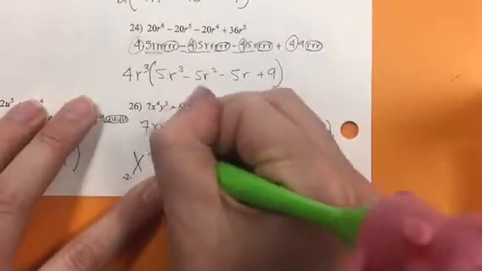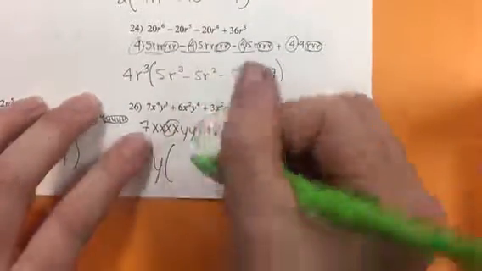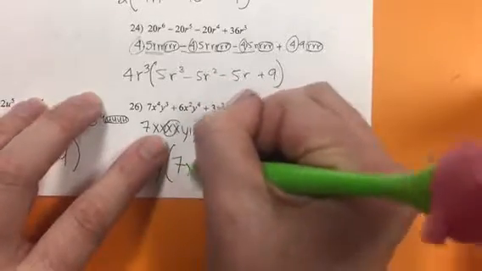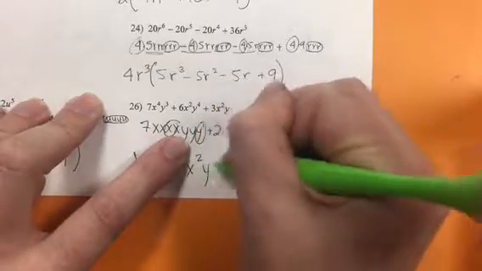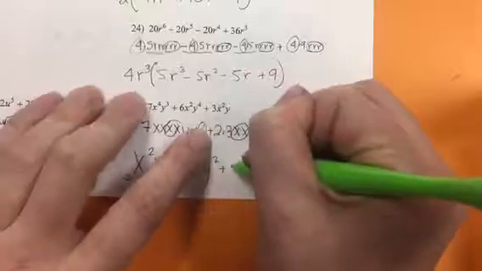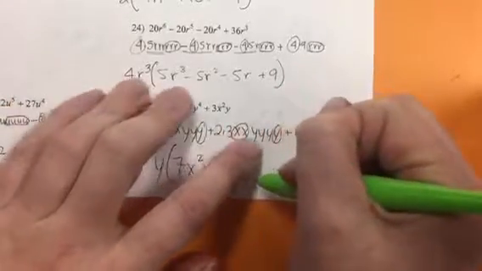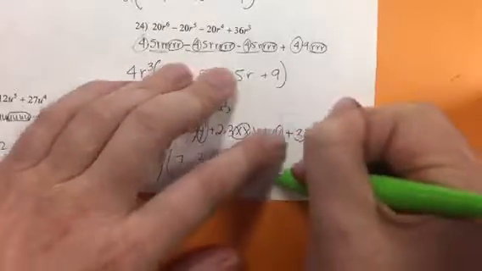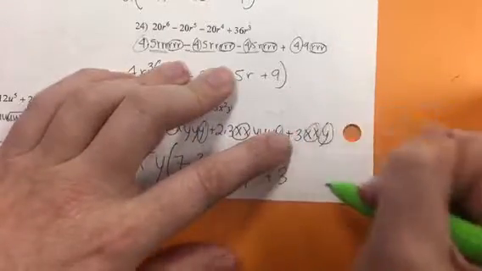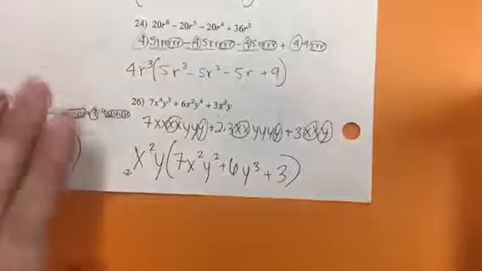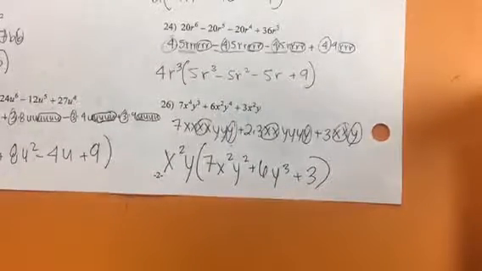So I have 2 x's and a y taken out. 7x squared y squared plus 2 times 3 is 6 y cubed plus 3, done. And that's how you factor out the GCF.